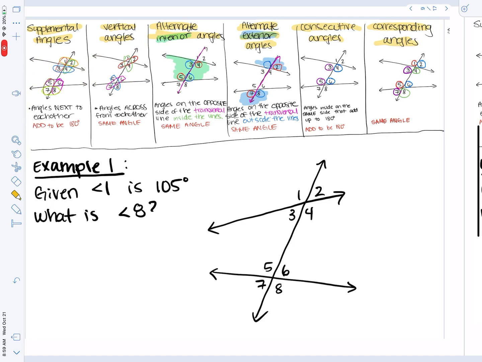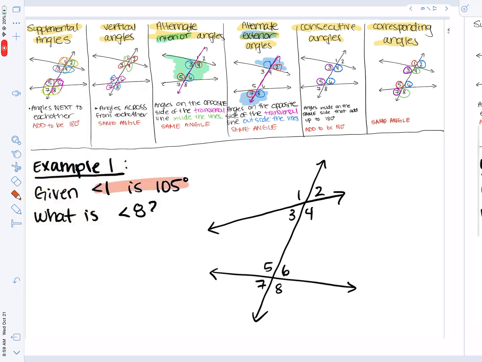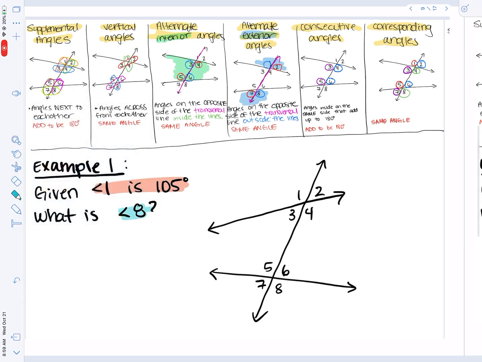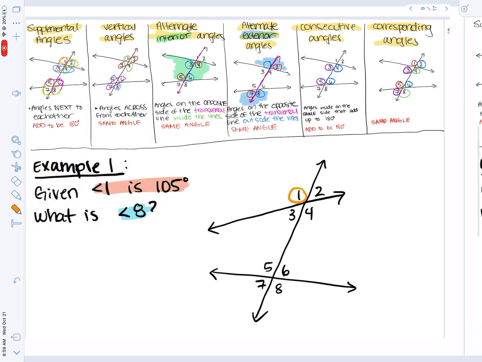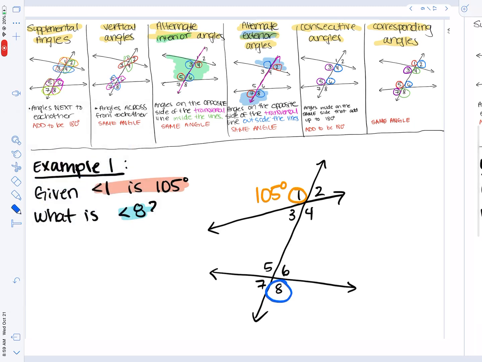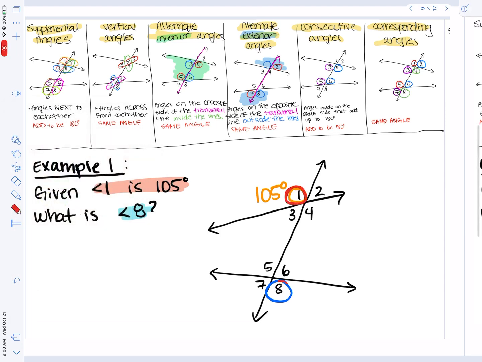So for example 1, given angle 1 is 105 degrees, what is angle 8? So we're looking for angle 8. We know that angle 1 is 105 degrees, so this angle right here is 105 degrees. Do we see how we're using this angle and this angle?